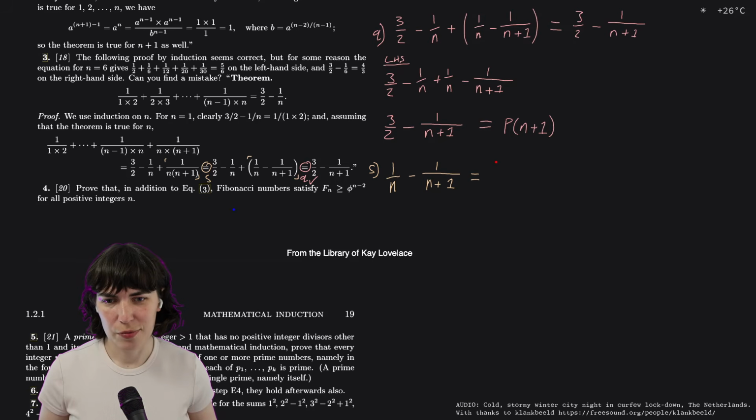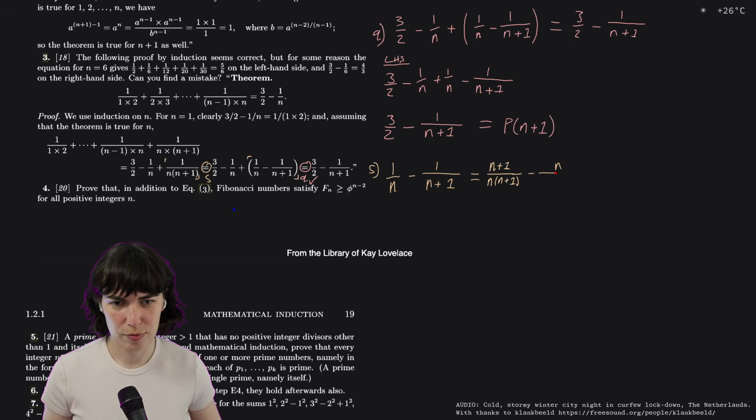So we want to have n plus 1 on the top of this term over n, and then we want to subtract this from n over n plus 1.